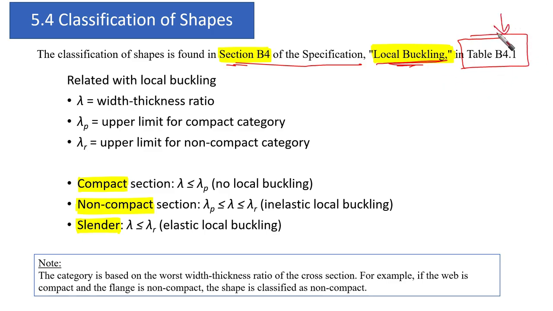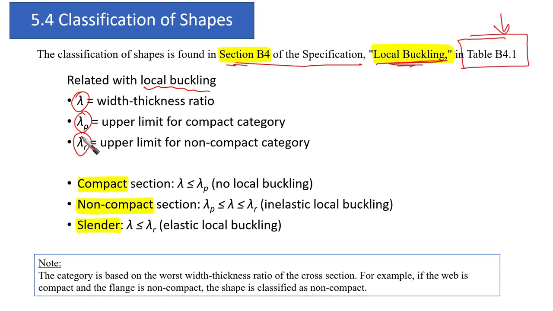Stop the video and check your specification or your manual, chapter 16 for the specification. You're going to find that, related to local buckling, there are some parameters that you need to understand whenever you're dealing with the classification of shapes, because they are the controlling parameters to judge your shape. What is the type of your shape?